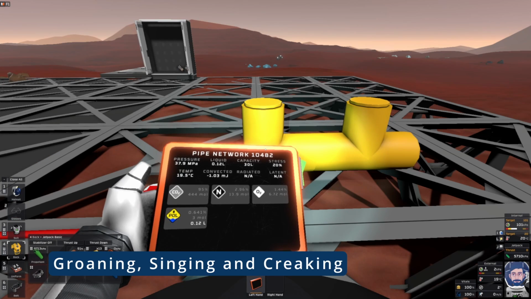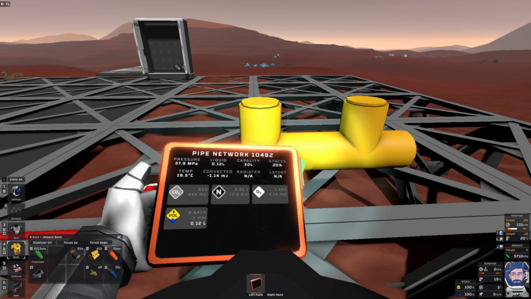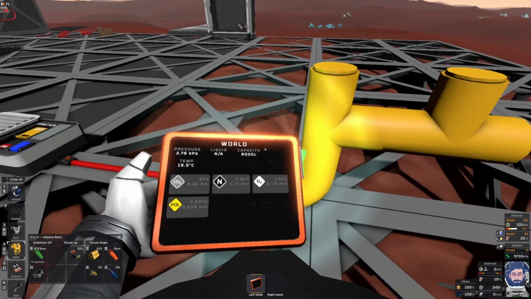Quick aside here. The sounds that the pipe network makes can let you know whether it is simply nearing its bursting pressure or if it is actually taking damage. I built up quite a bit of pressure in these pipes, however, they are not what the game considers close to bursting just yet.